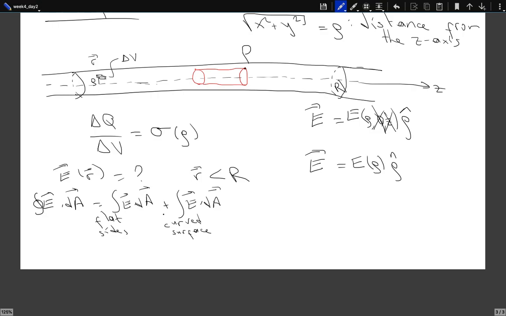Over the flat sides, the electric field is perpendicular to dA, so this scalar product gives 0. On the curved surface, the electric field E and dA are pointing in the same direction. But now, over the curved surface, rho is constant. I can just take it out.